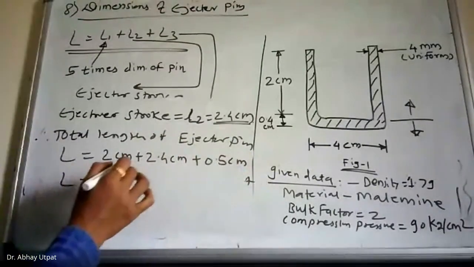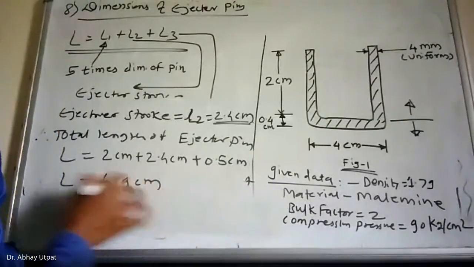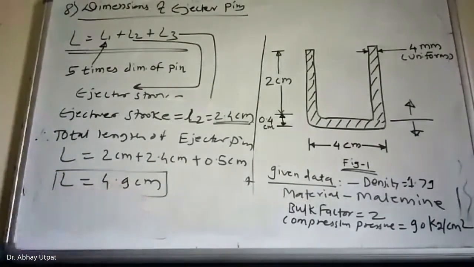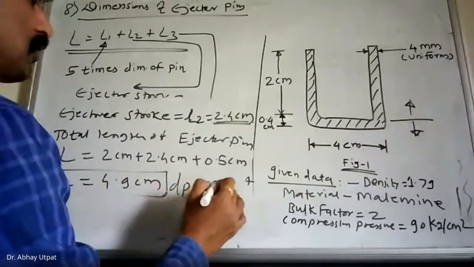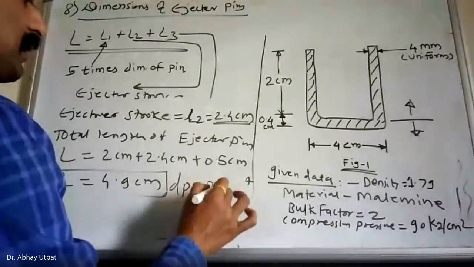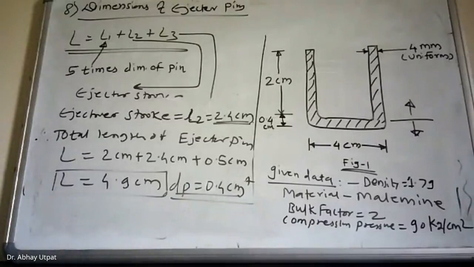That is L is equal to 4.9 centimeter, length of ejector pin, and dp is equal to 0.4 centimeter. These are dimensions of ejector pin.